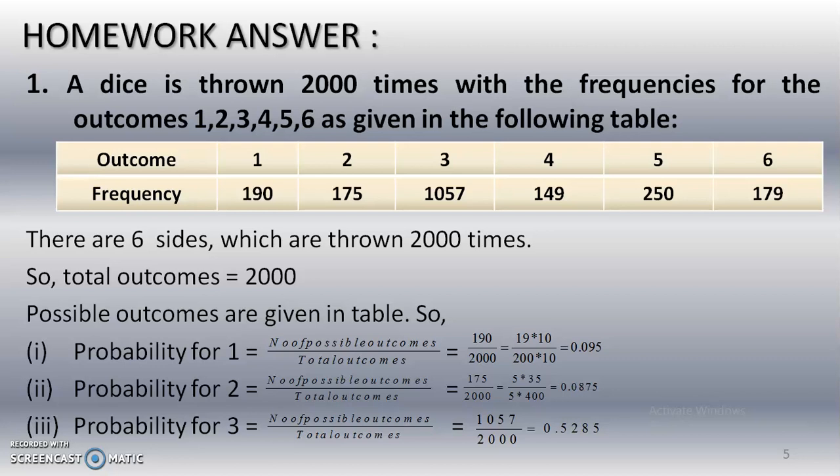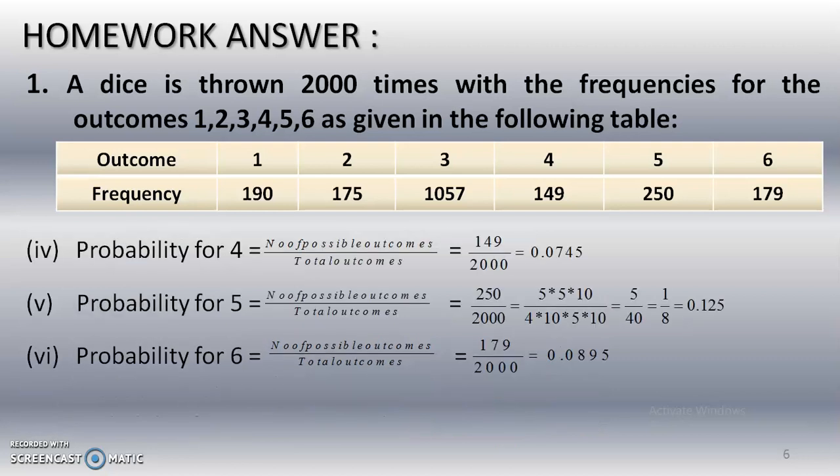Second, probability for 2 equals 175 divided by 2000, equals 5 into 35 divided by 5 into 400. So 5 cut, 35 divided by 400. So the answer is 0.0875. Now third, probability for 3 equals 1057 divided by 2000, equals 0.5285.